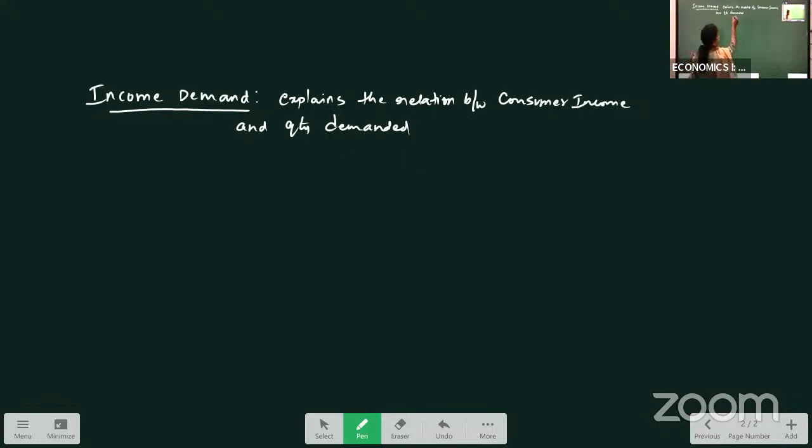So you can write it as: quantity of X is a functional relation of the income of the consumer. Here, Q is the quantity, whereas Y is the income of the consumer.